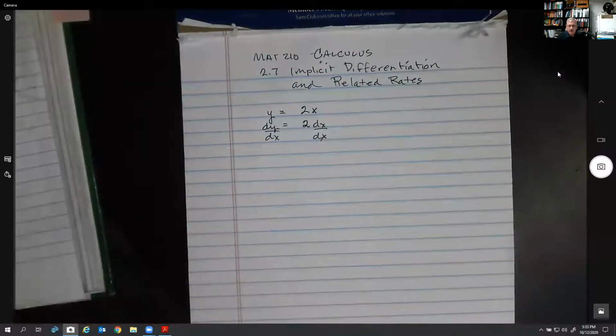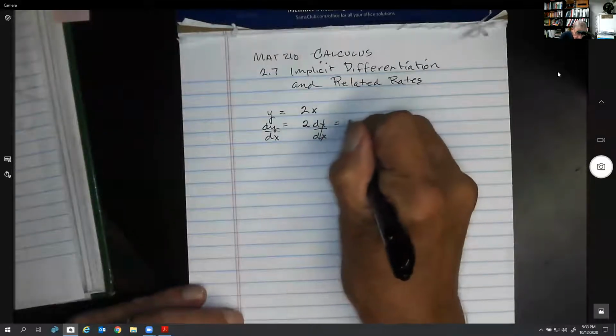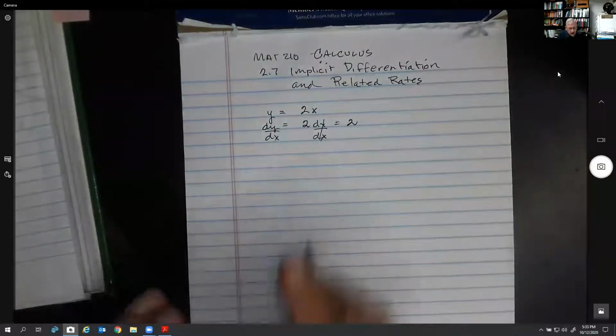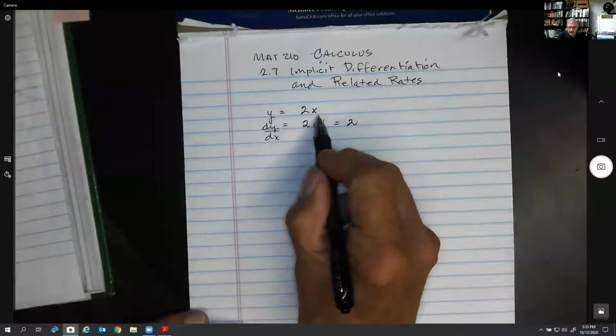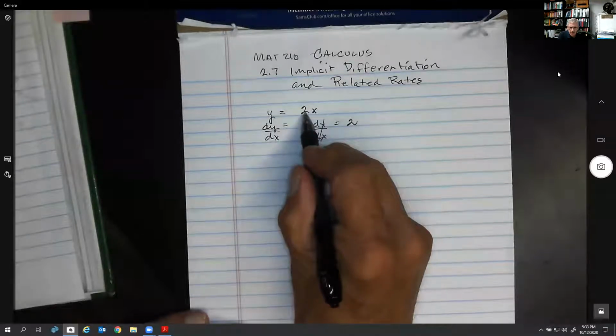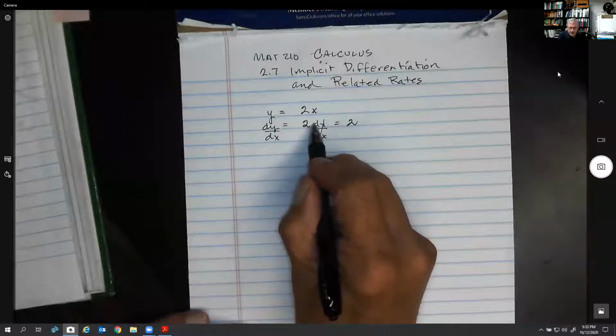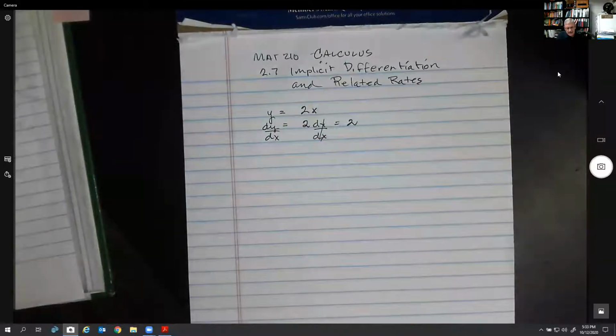And dx over dx is just simply 1. So that's why we end up with 2. We're actually using the chain rule on this. We're taking 1 times 2, 2, and then the derivative of x, dx over dx. But for a shortcut, we just called it 2. But in these kind of problems, we have to be more specific.